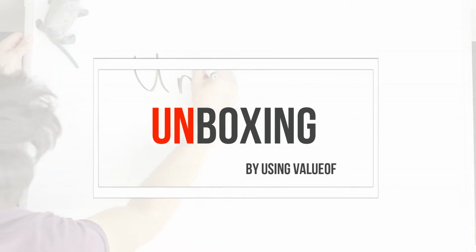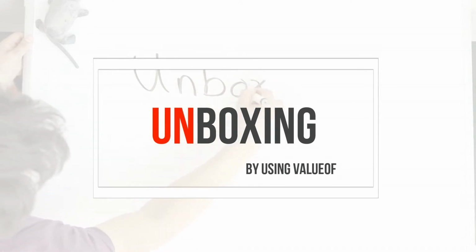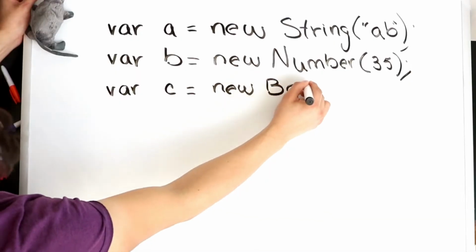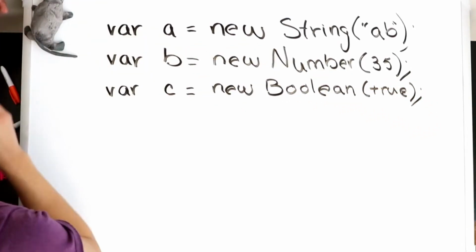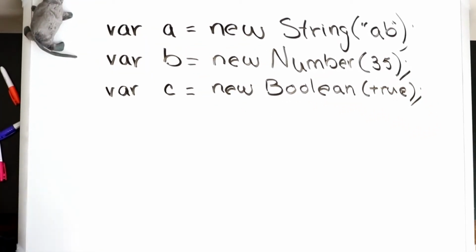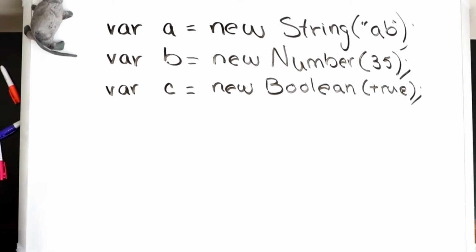Unboxing in JavaScript by using the method valueOf. Now, on the other hand, if what we want to do is to get the primitive value of the variable, what we can use is the method valueOf. Here we have an example of three variables that are created with the three native objects.